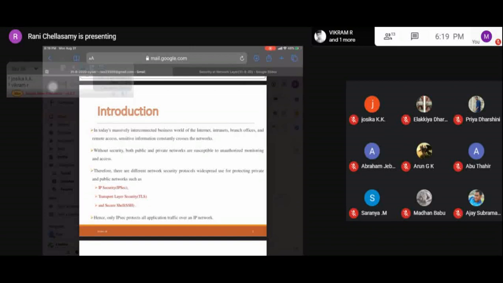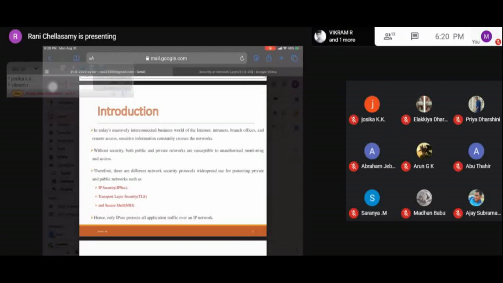Without security, there will be unauthorized access of information. So in order to provide security, at each layer some security protocols are to be used. IP security protocol is used at the network layer, and TLS, the Transport Layer Security protocol, is used at the transport layer.